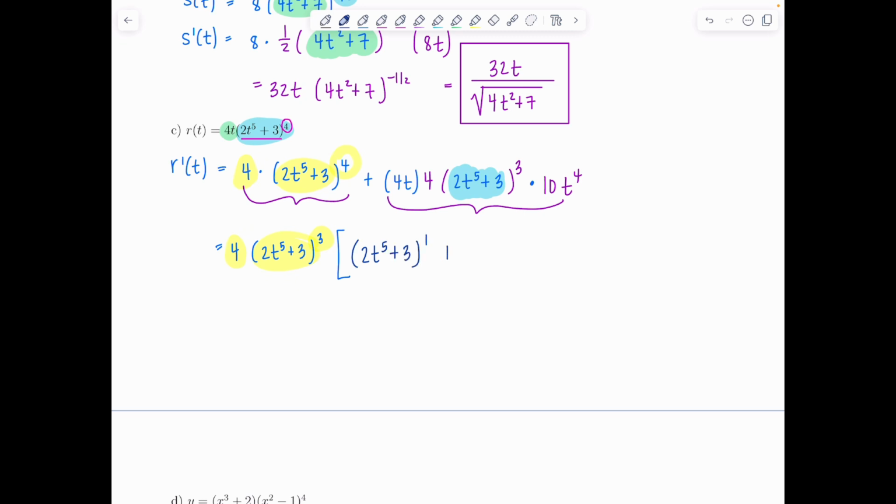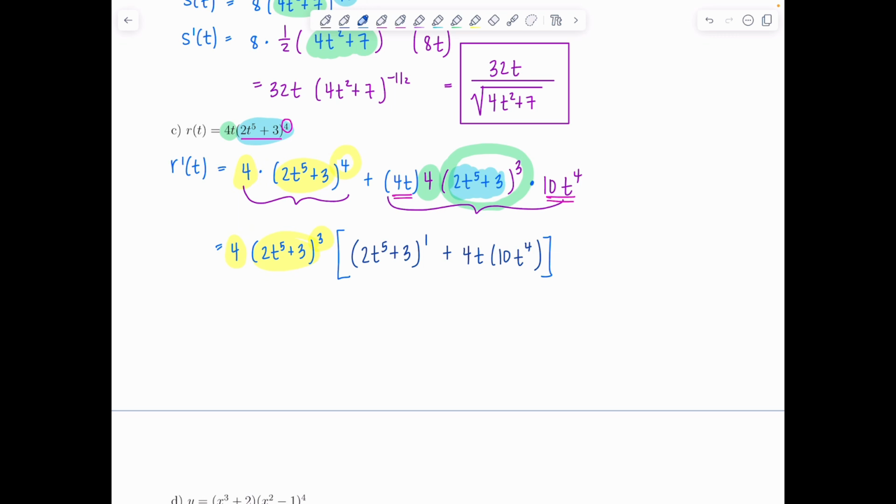Plus, let's see what's left over here. I've taken all of this out, so all that remains is 4t and 10t to the fourth. What does that give me? 4t times 10t to the fourth. I'll write it like this. We can do more thinking in the next line. Uh-oh, my brain kept going.